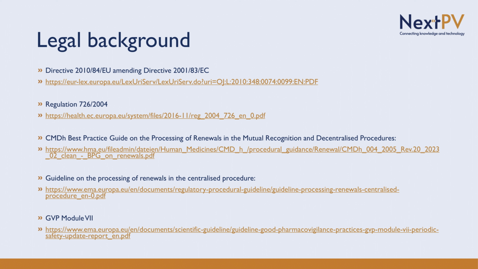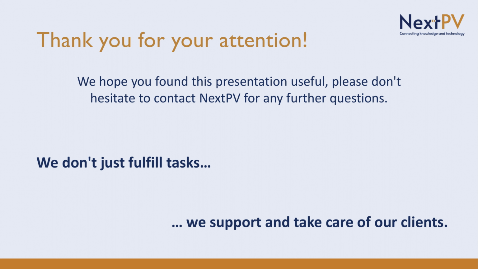The CMDH Best Practice Guide provides detailed guidance on processing renewals in the mutual recognition and decentralized procedures, while the EMA's guideline addresses the centralized procedure. Additionally, GVP Module 7 offers comprehensive guidelines on the creation and submission of periodic safety update reports, which underpin the ACO process.